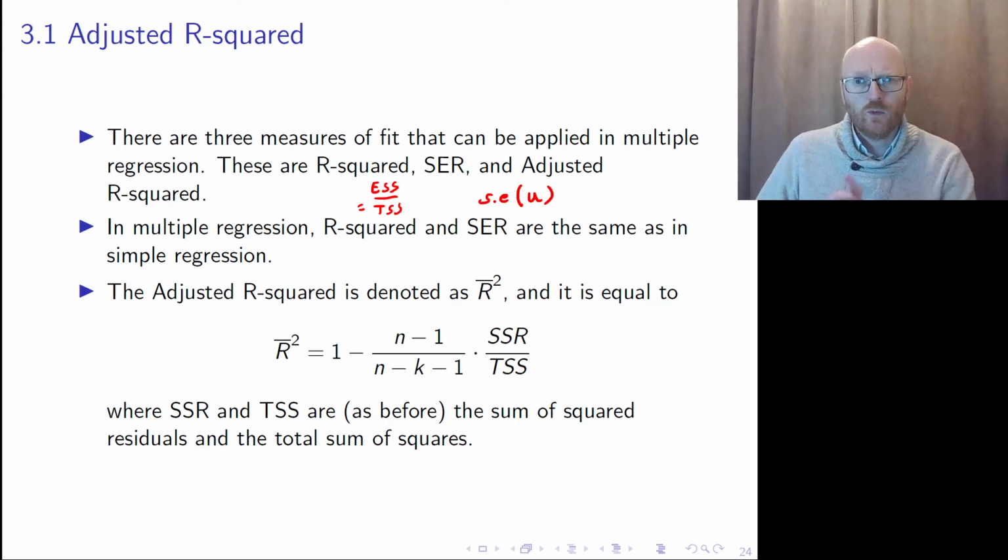Why do we need, or what is, the adjusted R squared?